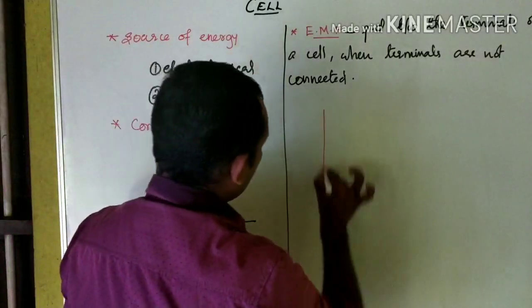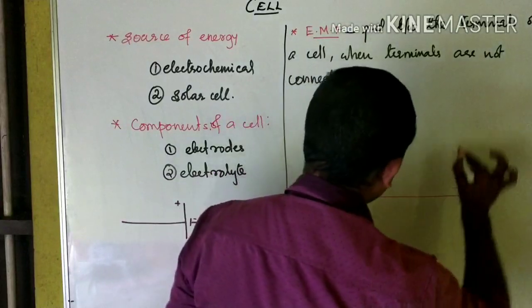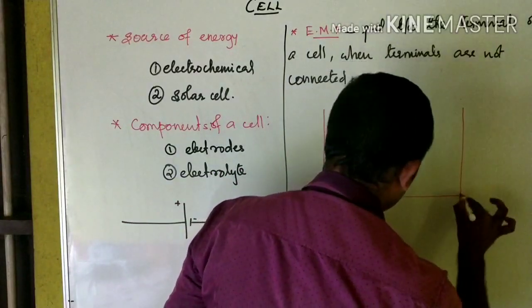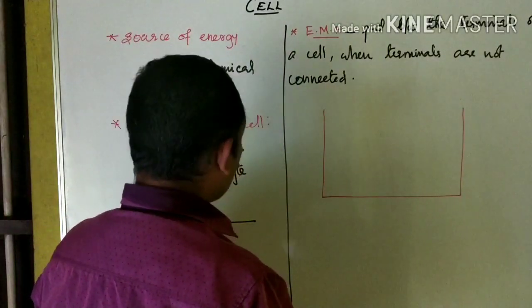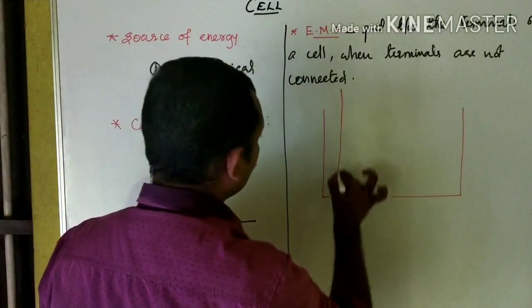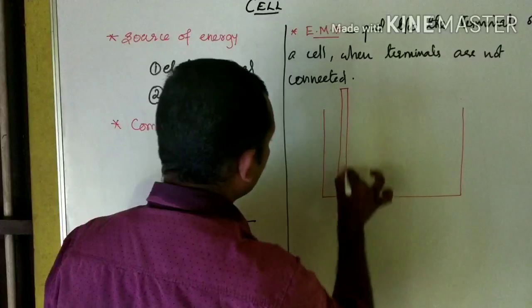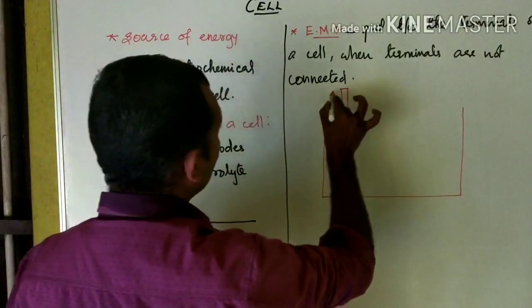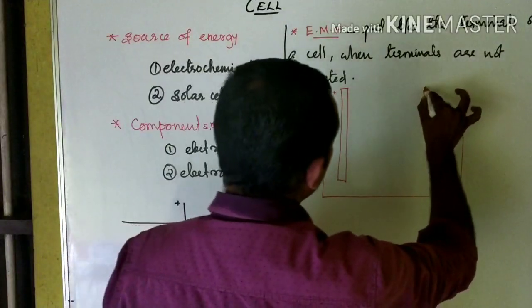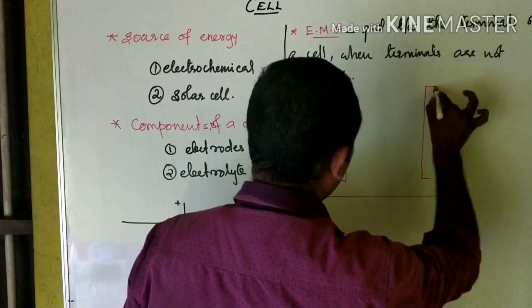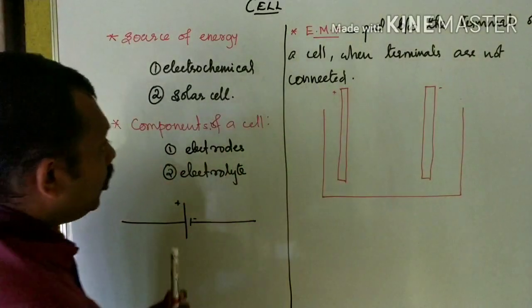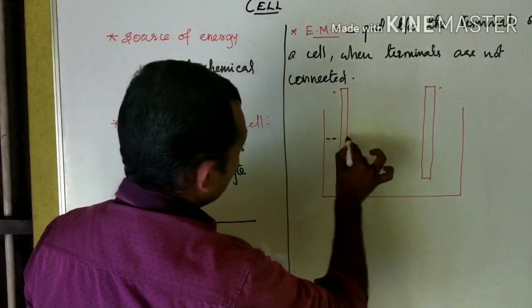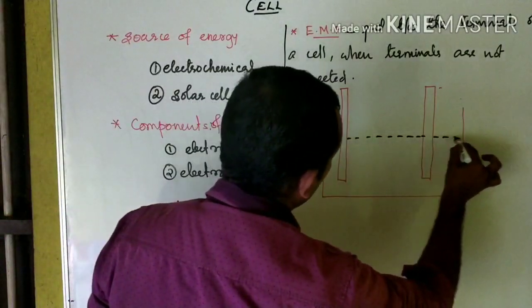Let us consider a cell. This is the positive electrode. This is the negative electrode. And we have an electrolyte here. This is just a simple representation of the cell.